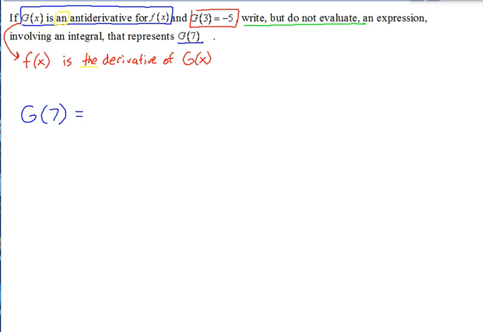The initial we're given is G of 3, plus the change comes from the integral from 3 to 7. And then what goes in here has to be the derivative of G of x.